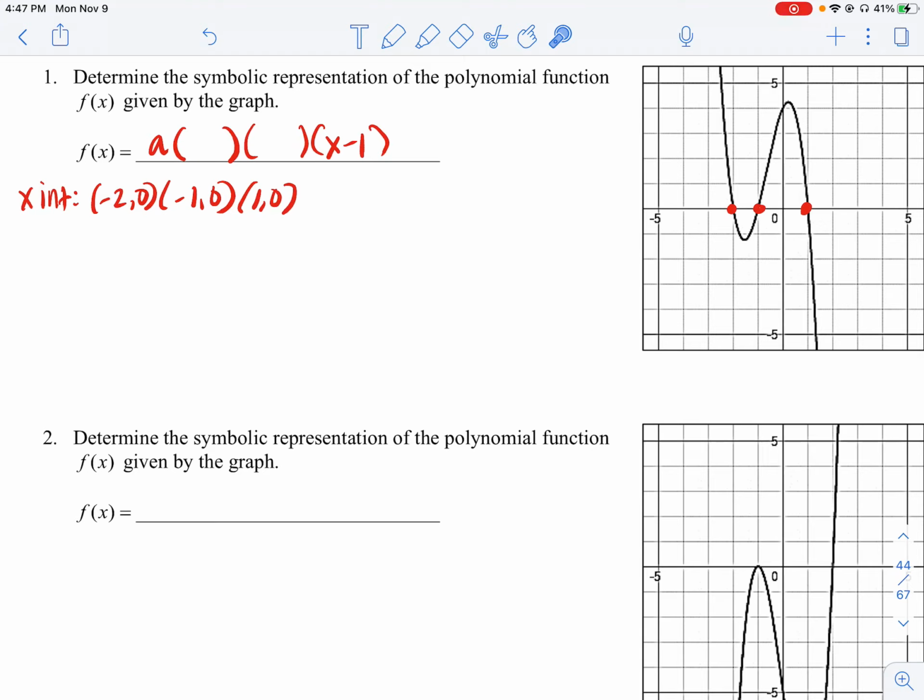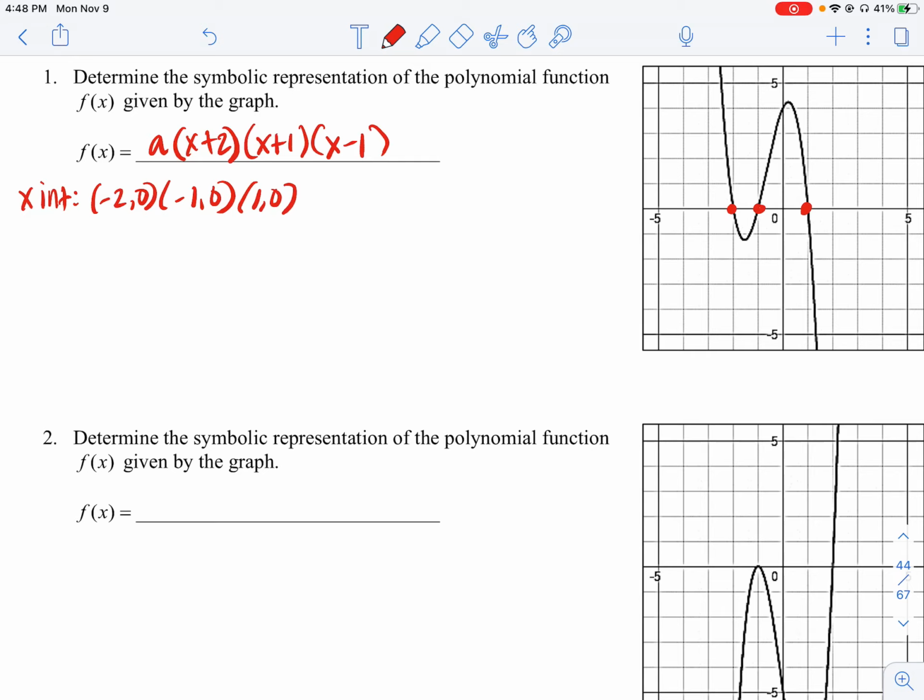If you forget, because it's in factored form x minus 1, to get the x-coordinate of the x-intercept, we make it equal to 0, so x is equal to positive 1. That is the main reason why we have x minus 1. Then negative 1 becomes x plus 1, and negative 2 becomes x plus 2. Okay, does that make sense?